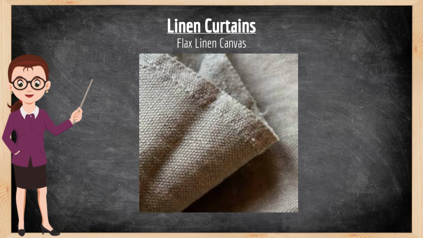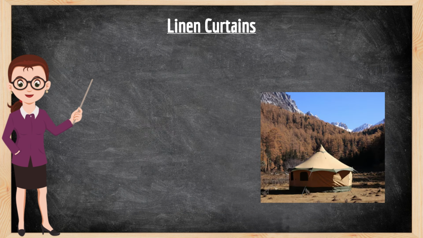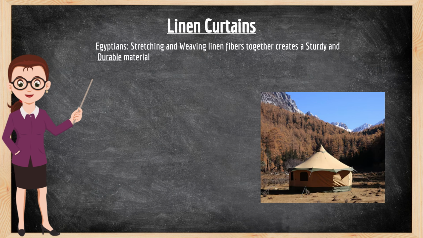Linen canvas fabric dates back thousands of years. Linen, a natural fiber made from the flax plant, was first used by the ancient Egyptians in the production of clothing and other textiles. It was during this time that the invention of linen canvas took place. The Egyptians discovered that by stretching and weaving linen fibers together, they could create a sturdy and durable material.